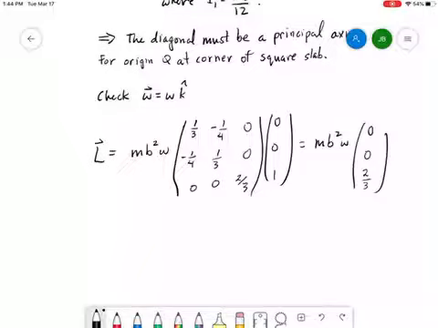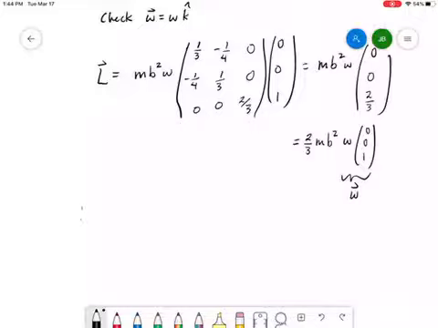Okay, but that's just equal to 2/3 mb squared omega times 0, 0, 1, but that's just the omega vector, and so therefore L is equal to 2/3 mb squared omega.